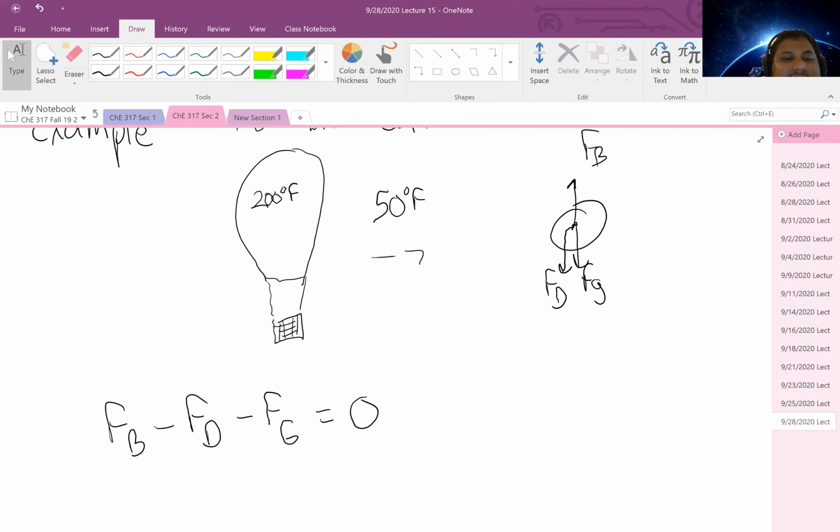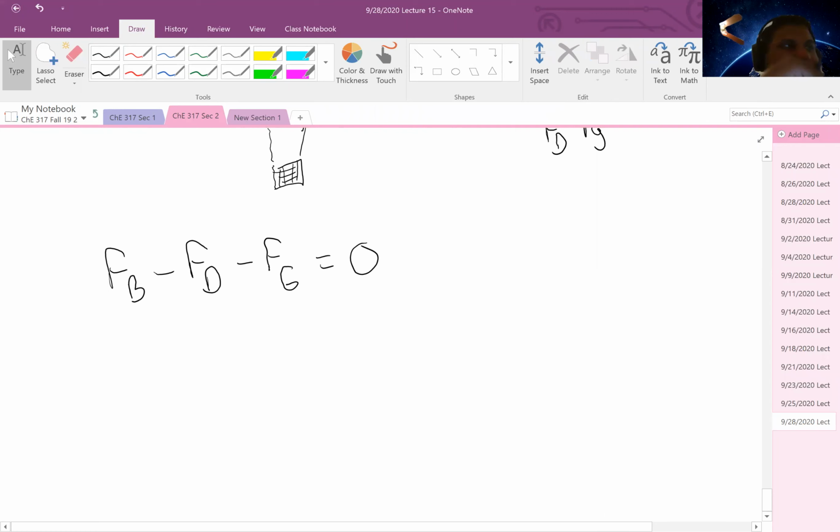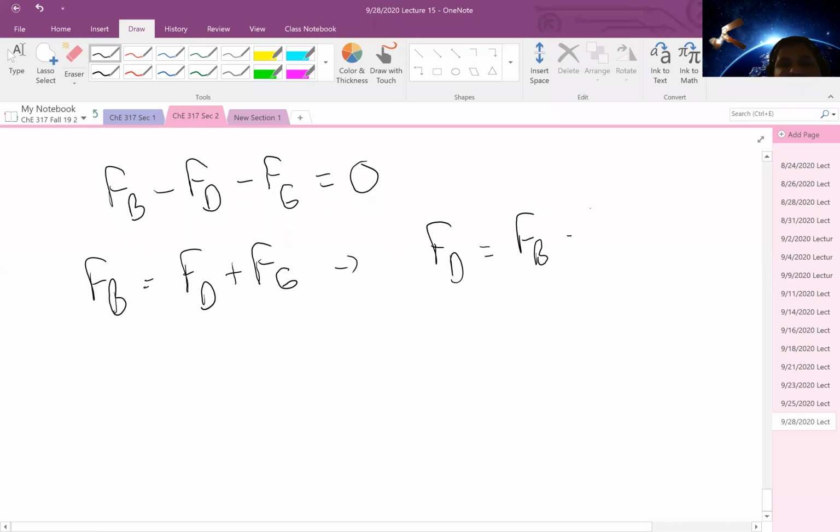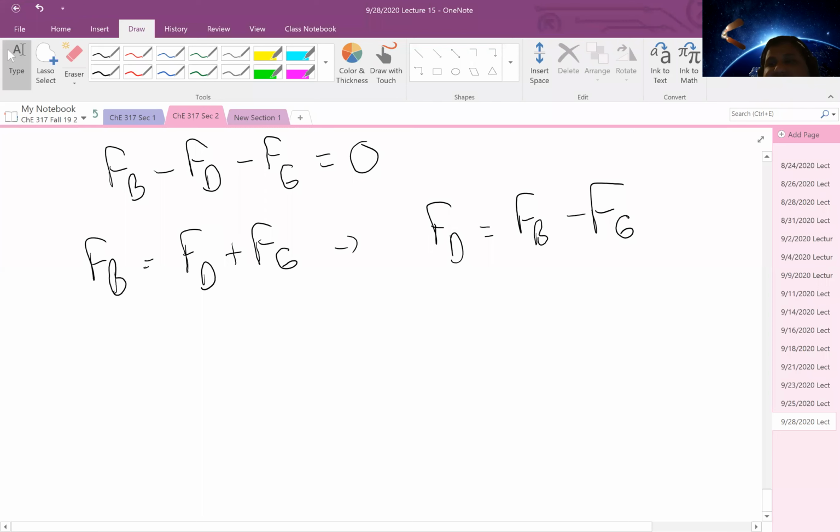And once again, in this system, I must identify each of these forces to solve for the velocity. The easiest way to do that is, if my buoyant force is equal to my drag force and my force due to gravity, I can solve for my drag force by saying it's the buoyant force minus gravity, primarily because the only force that's a function of velocity is my drag force.